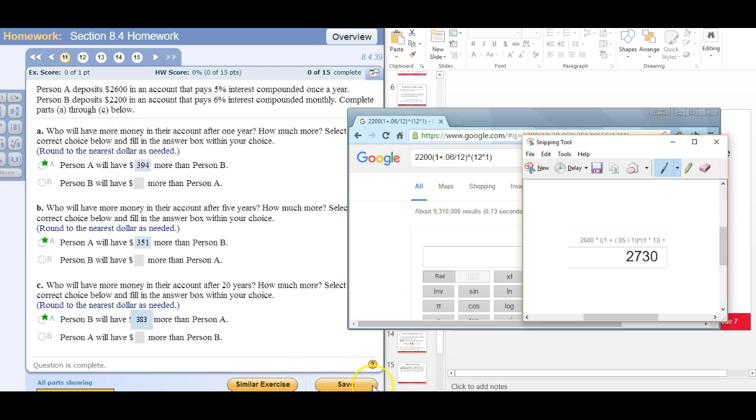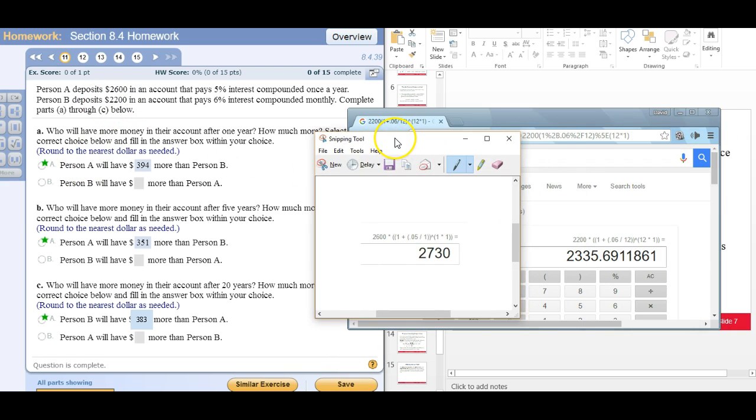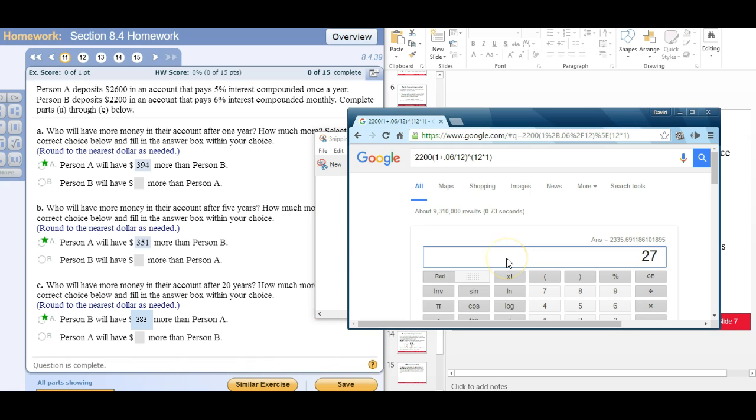Well, we see 1 had this amount. So take that 2730 and subtract this amount, and round it to the nearest dollar. So 2336. 2730 minus 2336, so 394, where that's coming from.